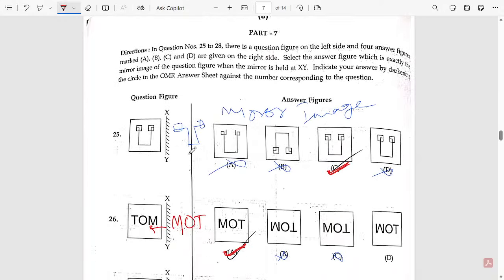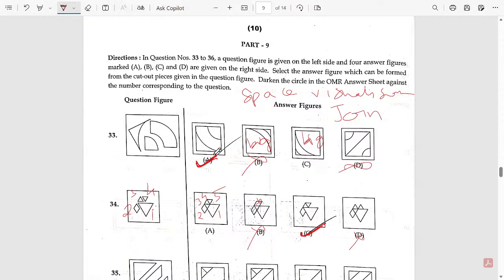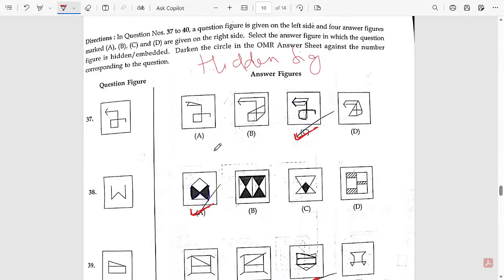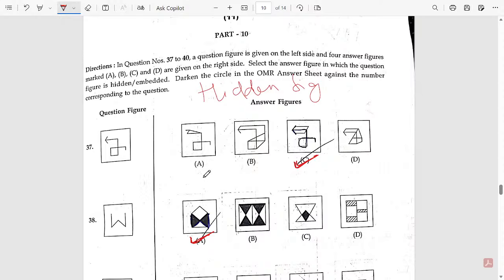The ninth part is space visualization, where we have to join and make a figure. And the 10th part is hidden figure, where we have to see where the figure is hidden and find the answer.